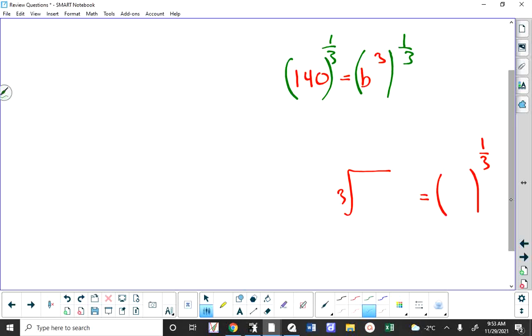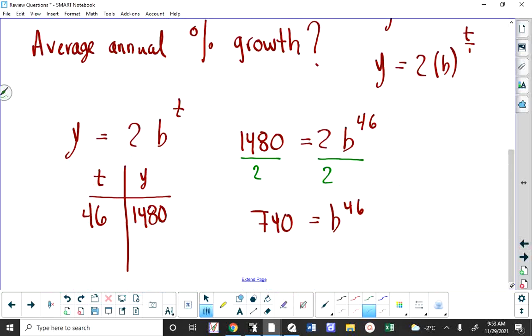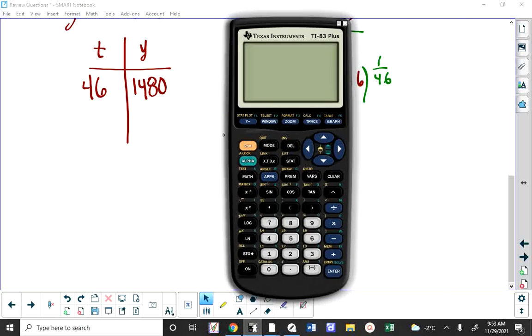The reason why I say that is, you don't have very easy access to a 46th root function on your calculator. It's a clunky method on your calculator. So we're just going to take the 46th root of both sides by raising both sides to the 1 over 46. And this will give us the value of b.